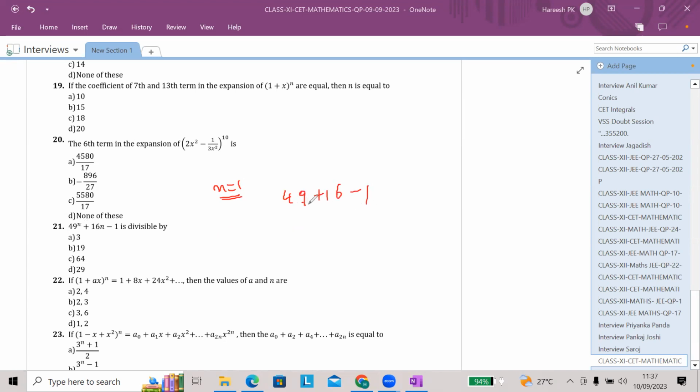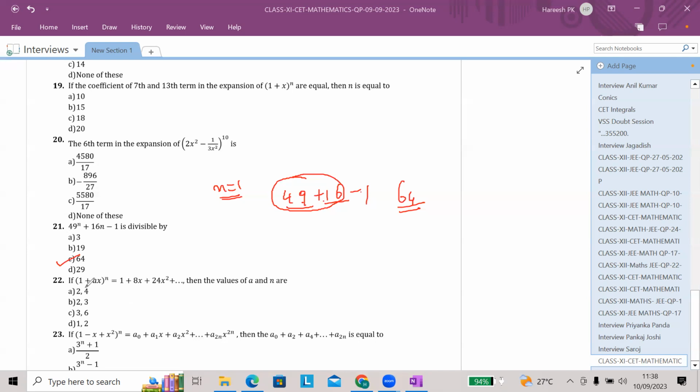So 49 plus 16 gives you 65. 65 minus 1 is 64. So it's certainly divisible by 64. That's an easier way. Just put n equal to 1 and get the answer.